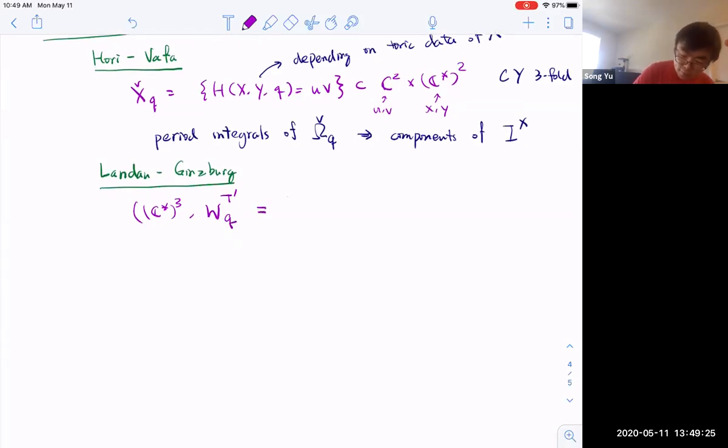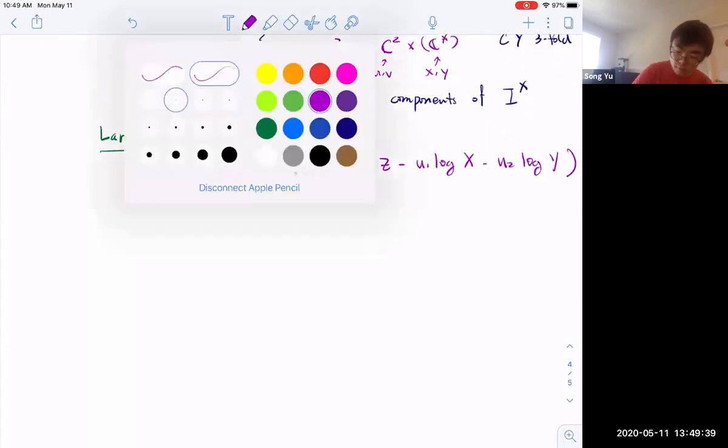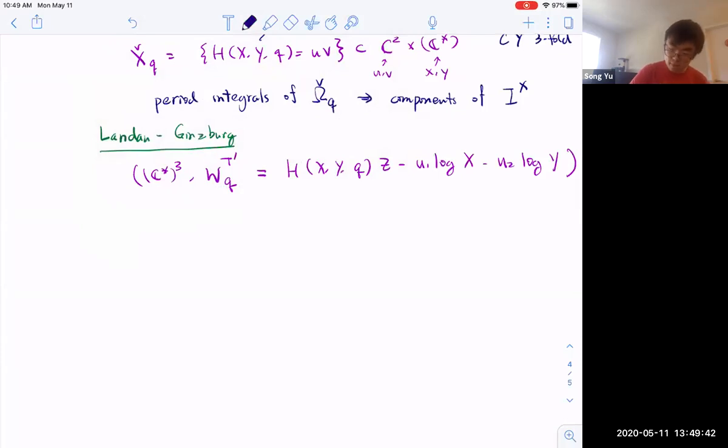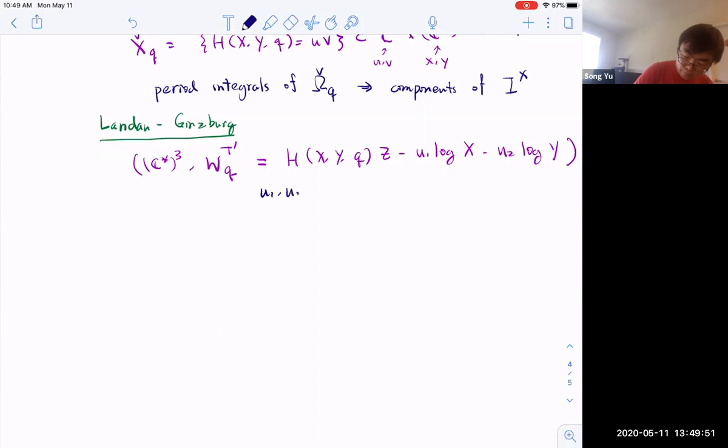This superpotential has the form H(x, y; q) times z minus u1 log x minus u2 log y, where x, y, z are coordinates on (C*)^3, and u1, u2 are equivariant parameters of the two-dimensional Calabi-Yau torus.